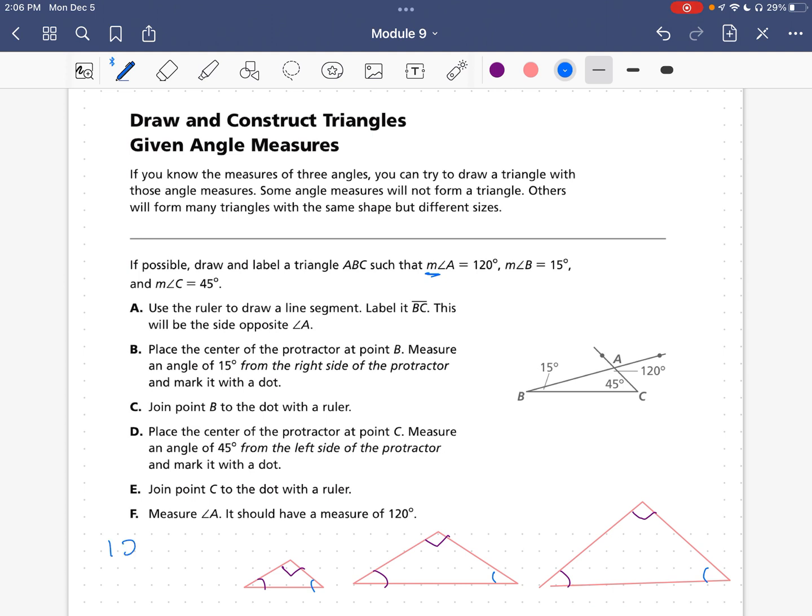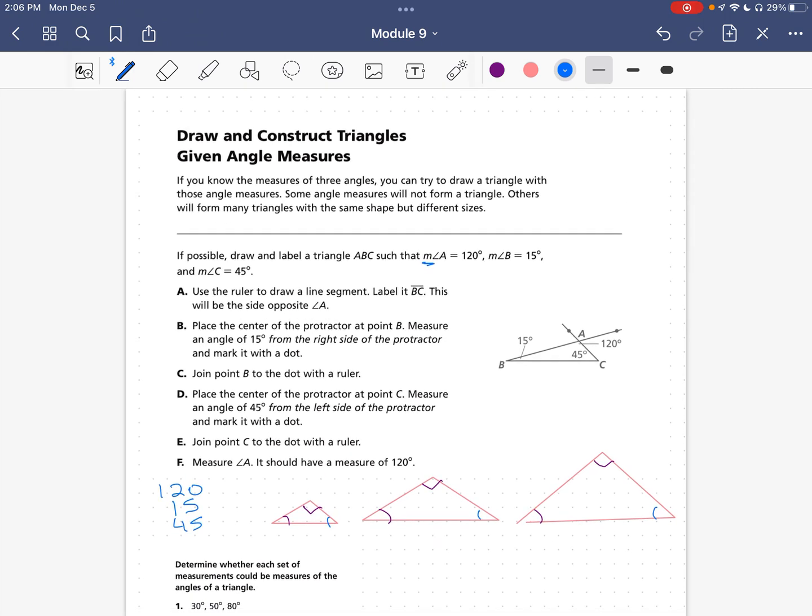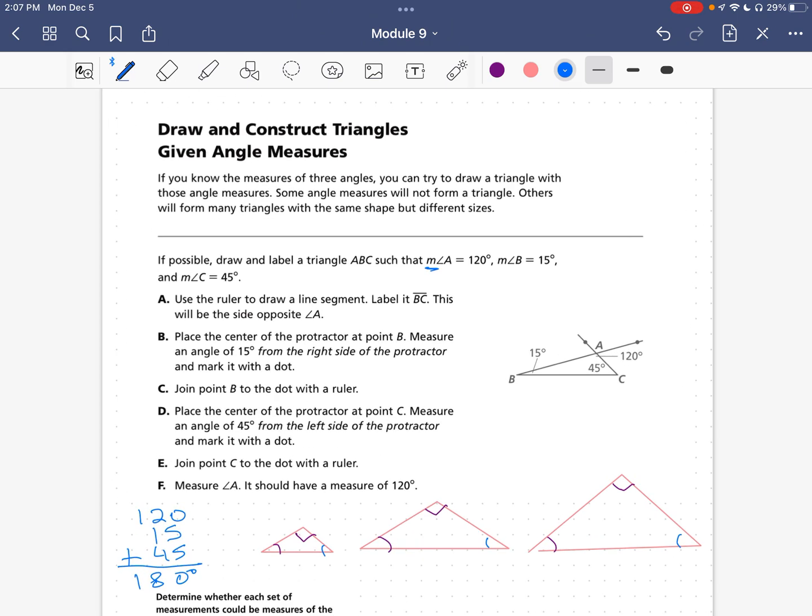So we're going to have 120 plus 15 plus 45. Please pause the video, add that up, let me know what it adds up to. If we get 180, we're good to go. All right, 180 degrees, fantastic.